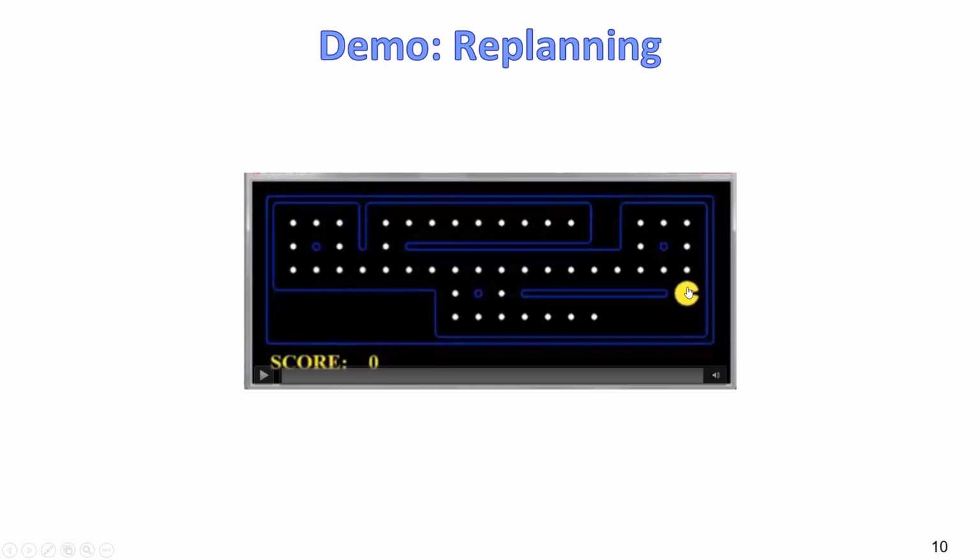So it considers all the plans that will achieve that goal, which is eating this dot only. It finds the optimal plan, or optimal solution, for this problem. It executes it, and then replans again for the next goal. Execute it, and then replan again for the third goal.